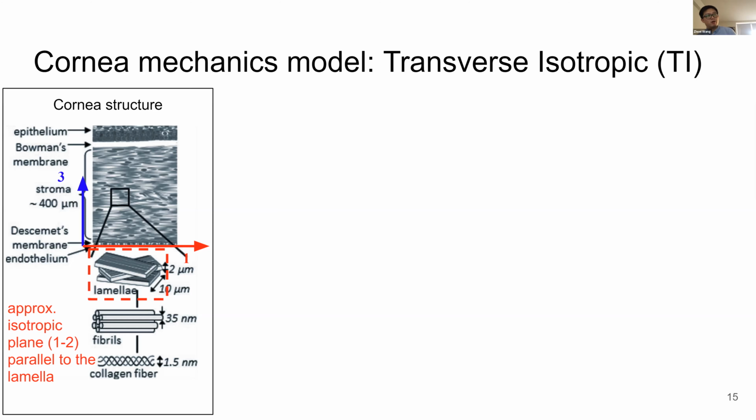But I'm not very sure about the alignment between layers. So maybe they're random, but if that's the case, then maybe we cannot use this isotropic plane approximation. Maybe we also have to modify this part in the future.